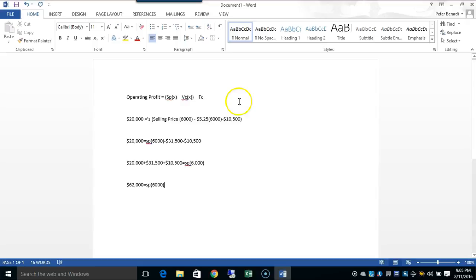So essentially what we're trying to find is the selling price. So just continuing with the algebra, we take 62,000, divide that by 6,000, and we get $10.33 as our selling price.